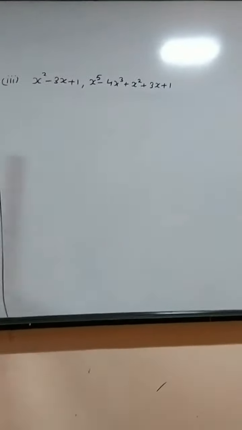So this is g(x), this is q(x), and what is the remainder? There is no remainder. The remainder is 0. So p(x) is equal to g(x) into q(x) and r(x) is 0. So here the remainder is 0 because g(x) and q(x) both are factors of p(x). This is the example in which the remainder is 0.